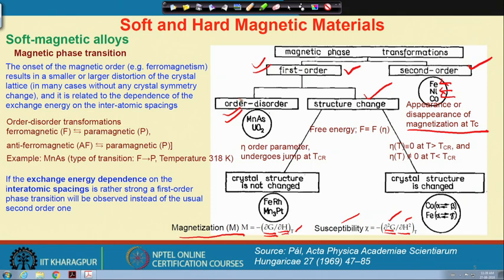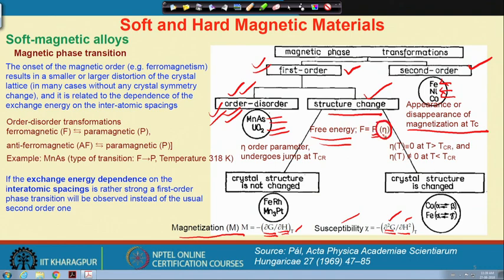So, in case of an order-disorder transition here I have manganese arsenide, or let us say UO2, that is uranium oxide. So, that shows an order-disorder type of magnetic transition, whereas in case of a structural change the free energy is basically a function of an order parameter eta.